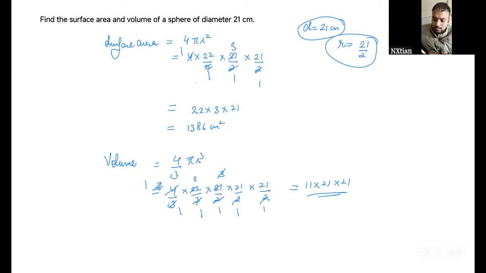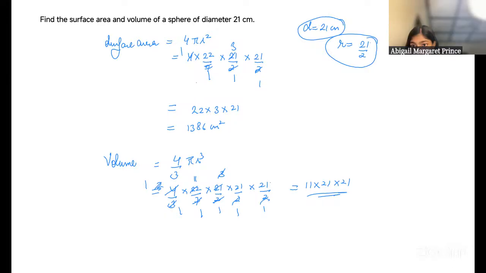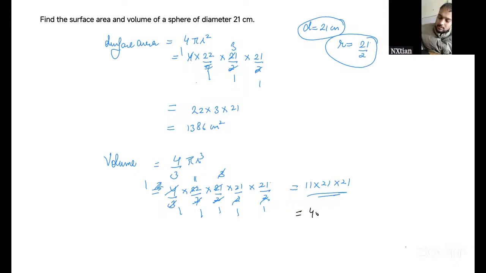Okay, let me multiply this: 11 into 21 into 22. No, the answer is 4851. Can you check what mistake you did?